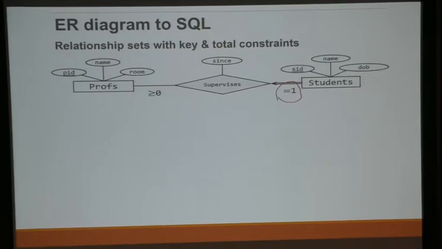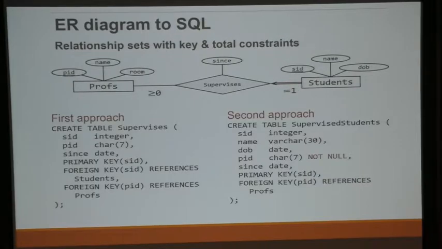So now let's try the two approaches again. The only difference now for the second approach is that every student must have a supervisor. If every student must have a supervisor, this one cannot be null. So that's the only thing you need to reject.